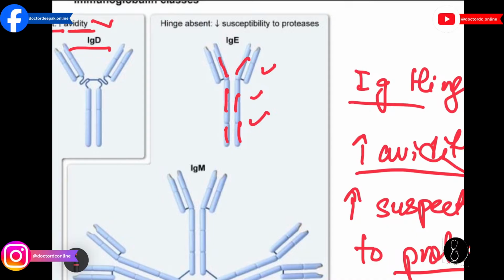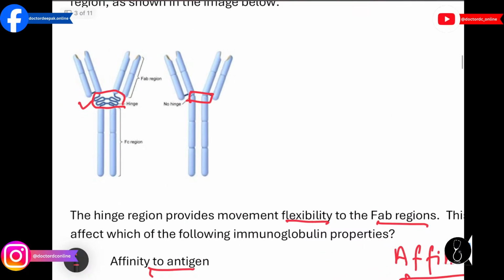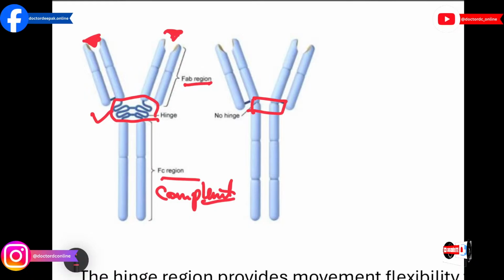The immunoglobulin is generally divided into two functional pieces, the FAB region and the FC region. In the FAB region, there are antigen-specific epitopes; they will specifically attach to antigens or epitopes, and the FC region is going to attach with complement. These are the important points.